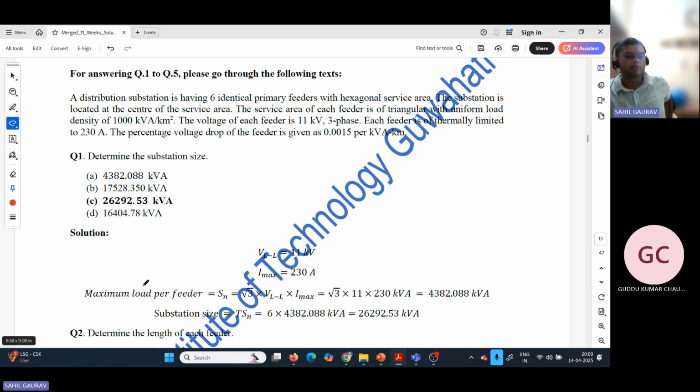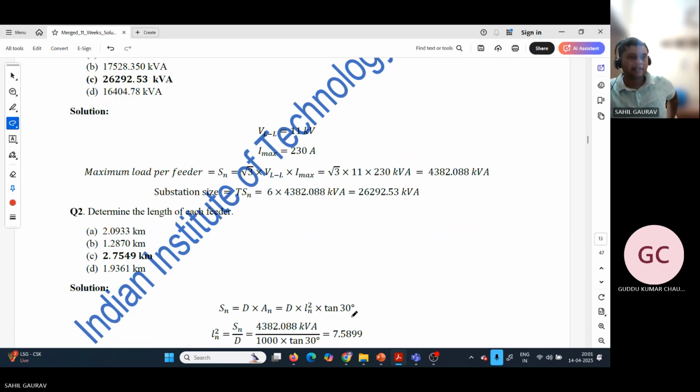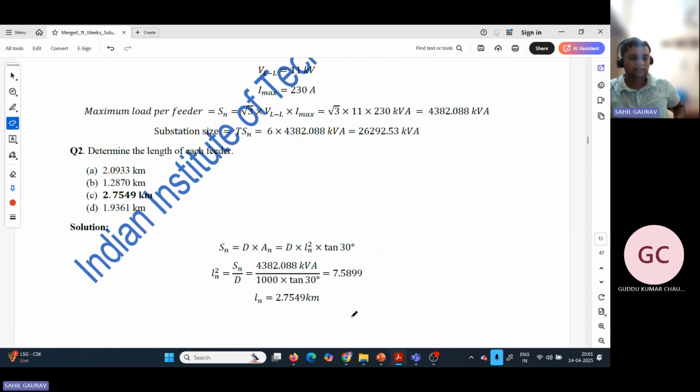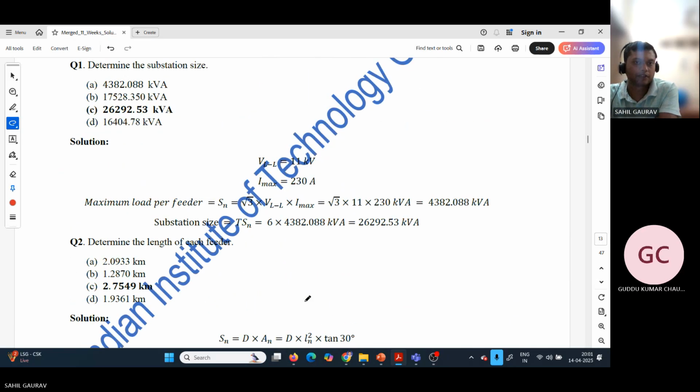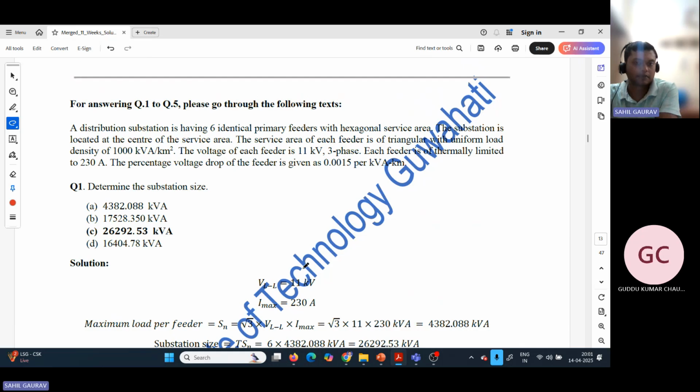So from that the maximum load is found, then you can get the substation size. And then we have to find the length of each feeder. The length of each feeder comes from the KVA served by each feeder. So you can find the length from this part. This problem is for a hexagonal substation service area.